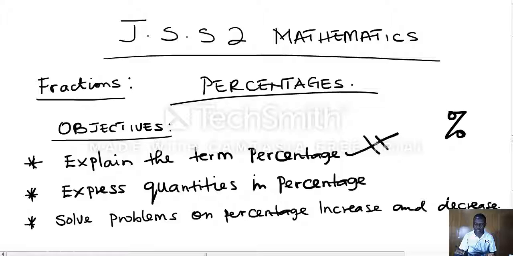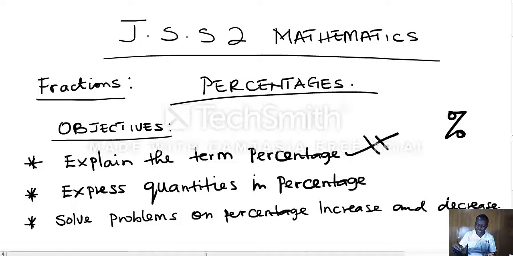So 1% can be said to be 1 divided by 100. That is a quantity being divided into 100 parts. One part of it is said to be a fraction. We did solve more examples on it at our previous class last week.